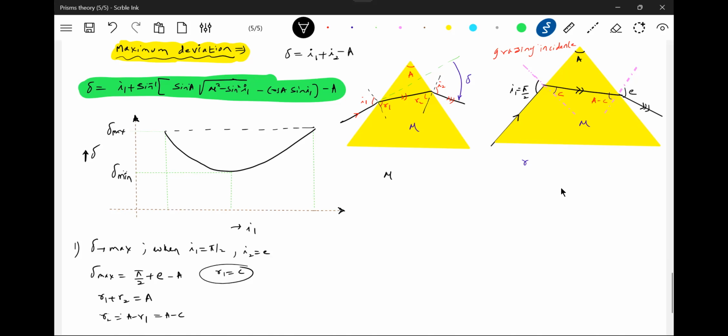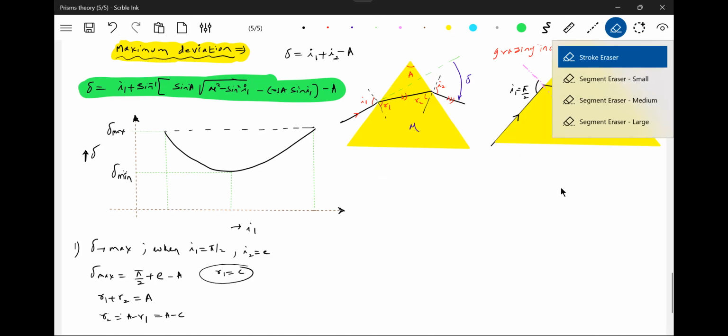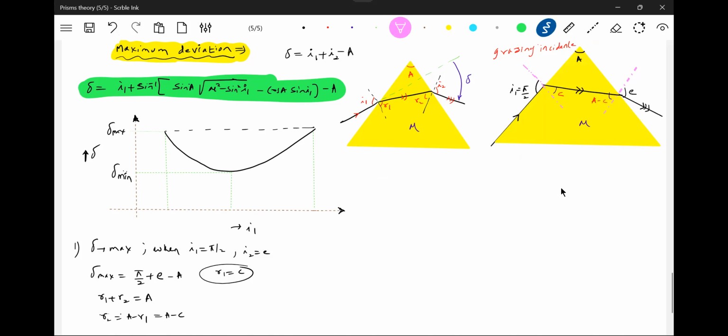Using Snell's law, it will be mu sine of A minus C should be equal to sine E, because the medium on either side of the prism is air.